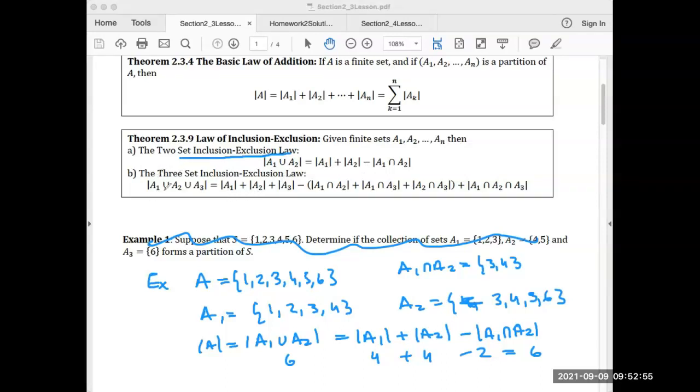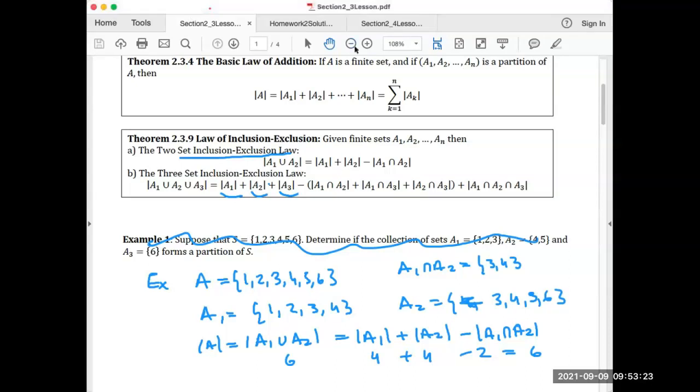If you're splitting your original set into 3 and there's overlap between them, they're not disjoint. So the cardinality of A1 union A2 union A3: you add up each of the cardinalities, but then you have to subtract the overlaps.